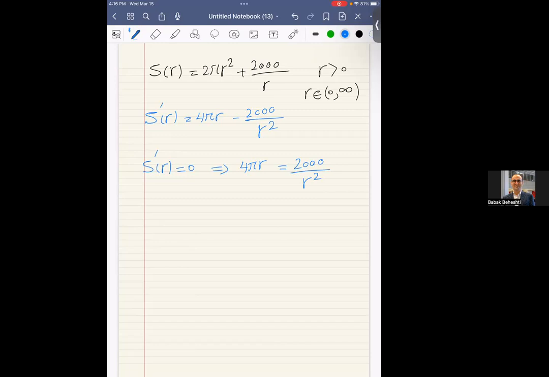So if r is not 0, that means 4 pi times r cubed must be equal to 2000. So it follows from here that r cubed is 2000 divided by 4 pi, which is equal to 500 divided by, sorry, divided by pi.